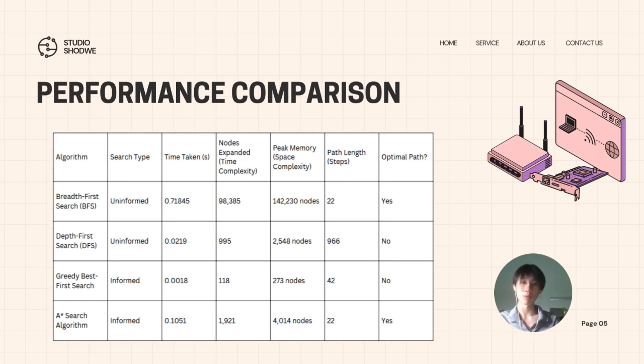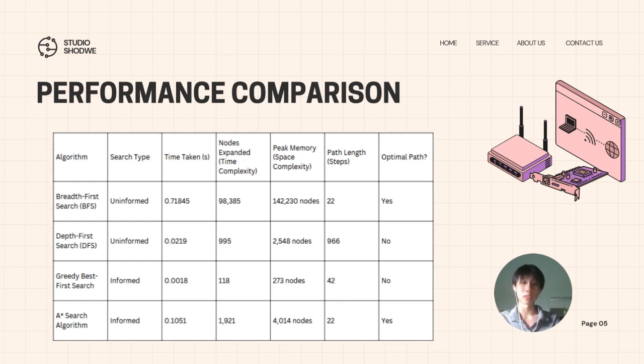And now let's take a look at the greedy best first search algorithm. The time taken for the greedy algorithm to find the solution is only 0.001 second.